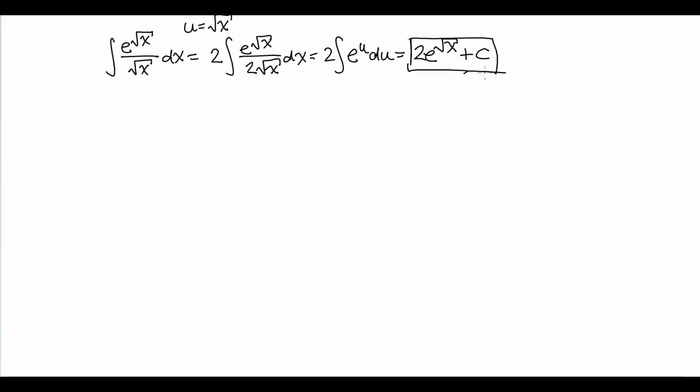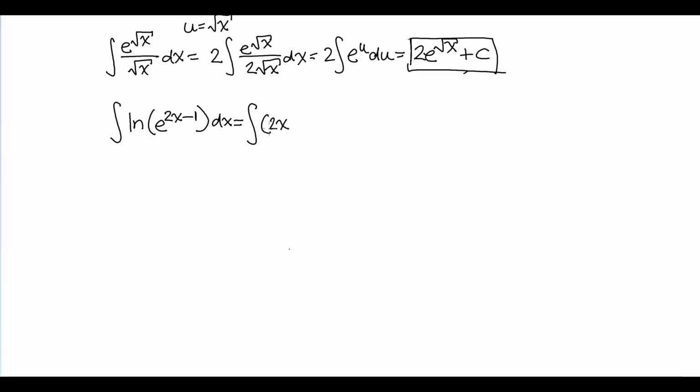Now, what if I wanted to do the integral of ln of e to the 2x minus 1 dx? We can't really integrate ln that easily, so rather than doing u-substitution, we can cheat a little and use the properties of logarithms.